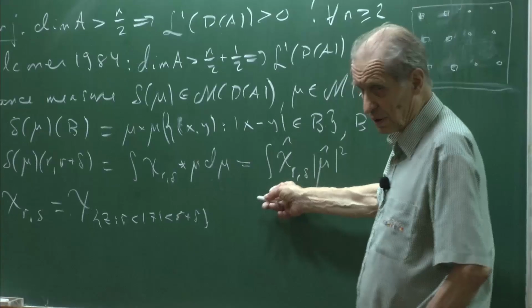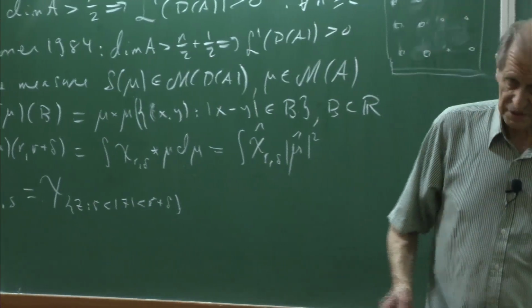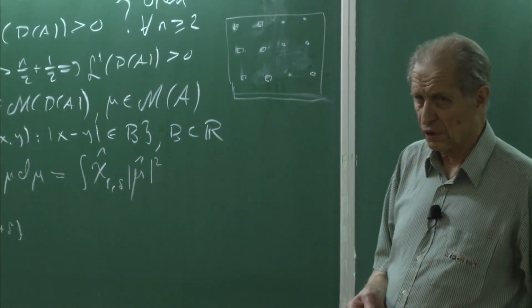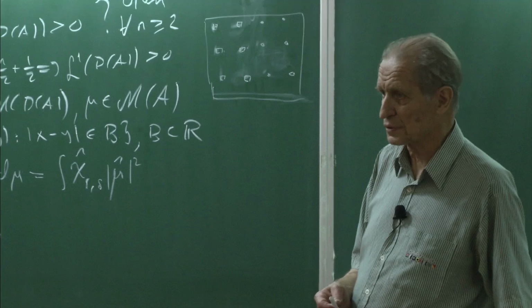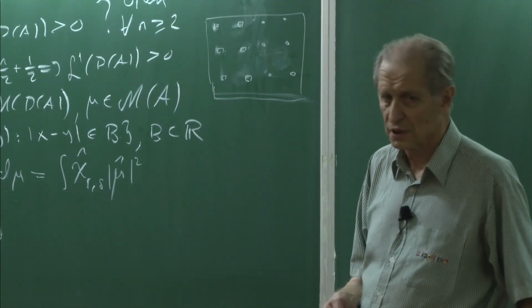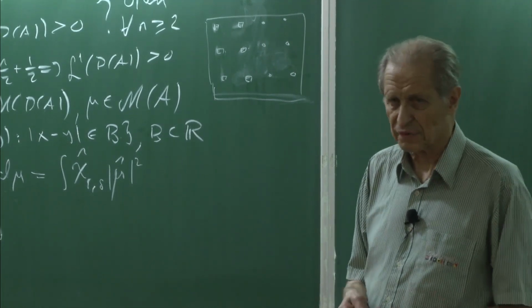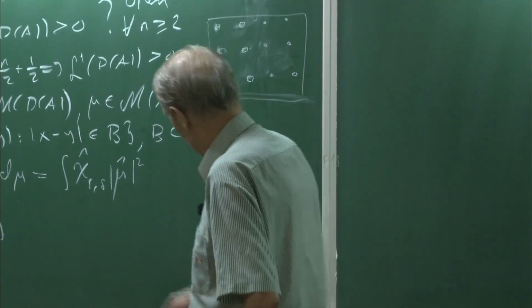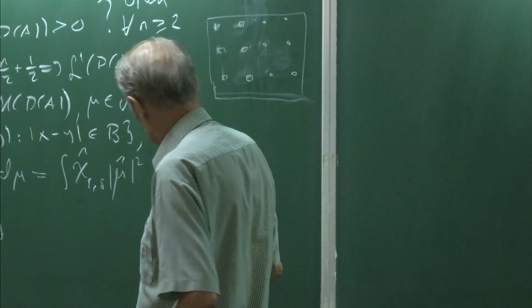And this characteristic function of the annulus is a radial function, and there is a formula for the Fourier transform of radial functions in terms of Bessel functions. Bessel functions have several good estimates, and then you can plug it in there and you can do some estimates.